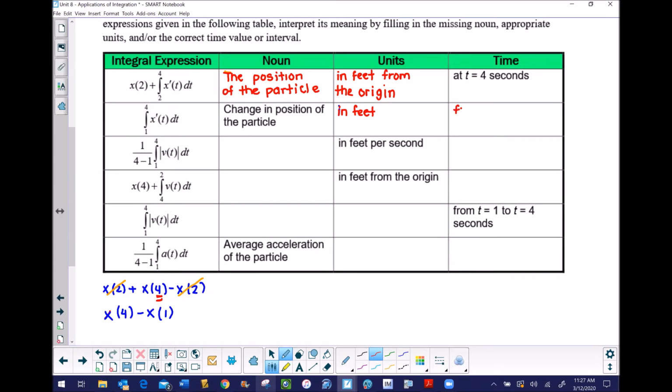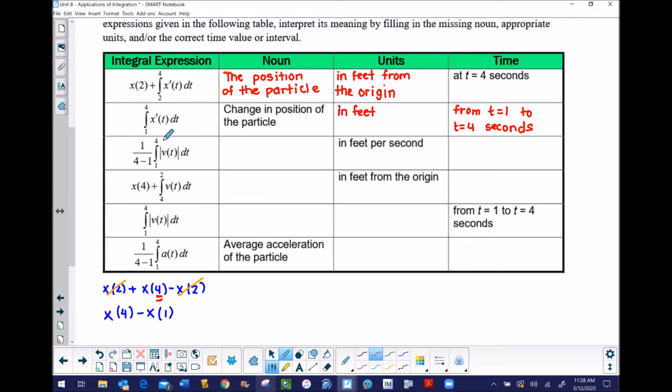So we want to use from t = 1 to t = 4 seconds. Okay. And I know some of you might look at this chart and think, oh my gosh, this is so boring, but it's amazing how impactful this thing is. This is such a good skill to kind of practice with.